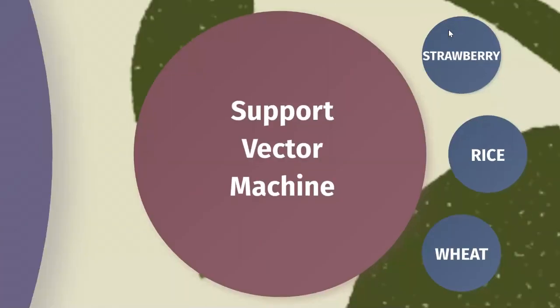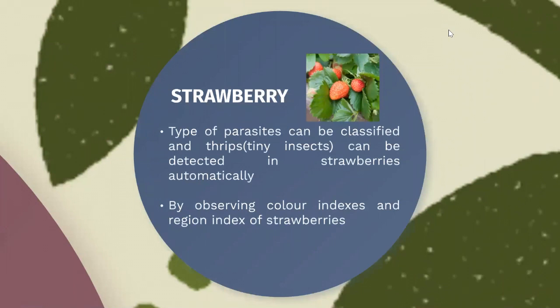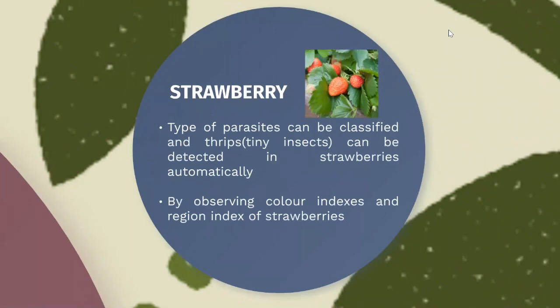The next one is support vector machine. These models can help in detection of strawberry. Type of parasites can be classified and ticks, which are tiny insects, can be detected in strawberries automatically. This can be done by observing color indexes and region index of strawberries.